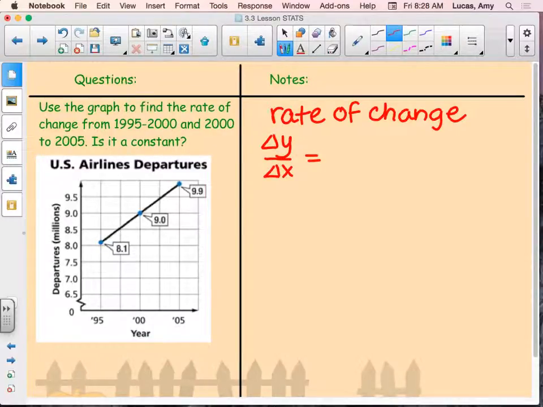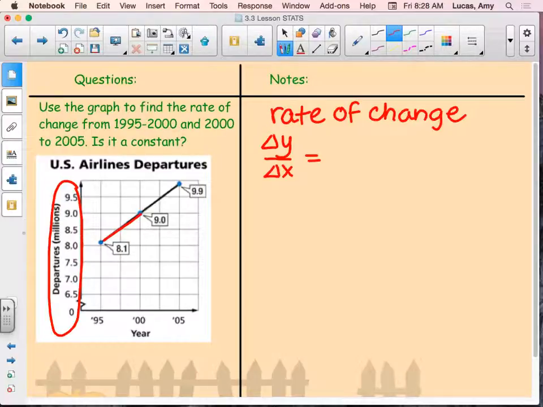Okay, for our first interval right here, the change in y. This is my y-axis over here. We're talking about the number of U.S. airline departures in the millions. So y changed, in 1995 it was 8.1, and in 2000 it was 9.0.